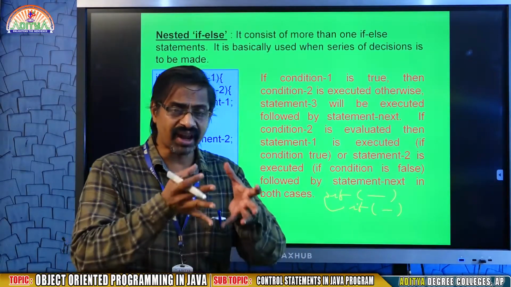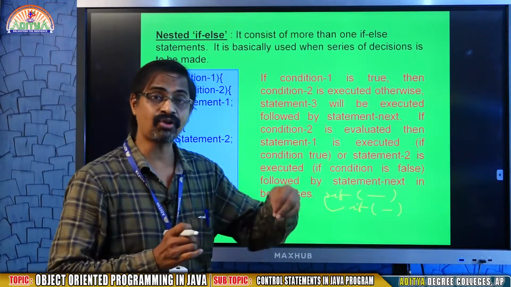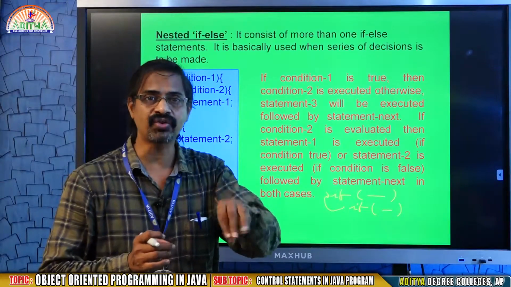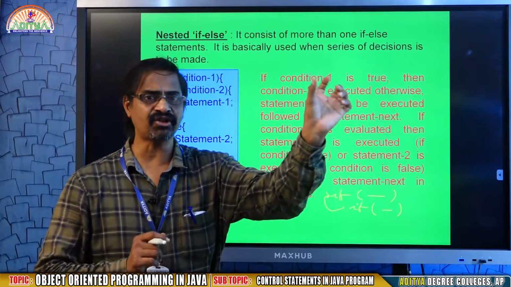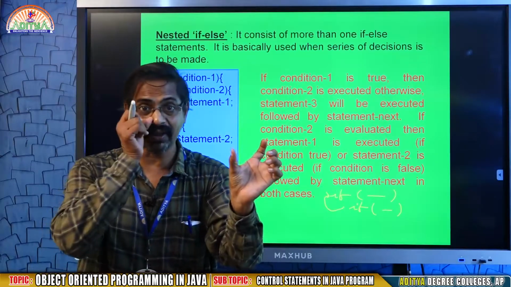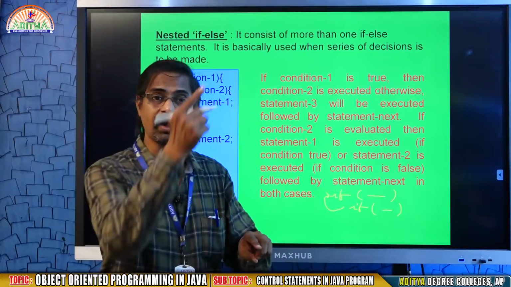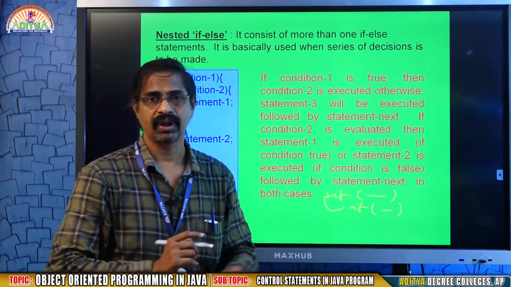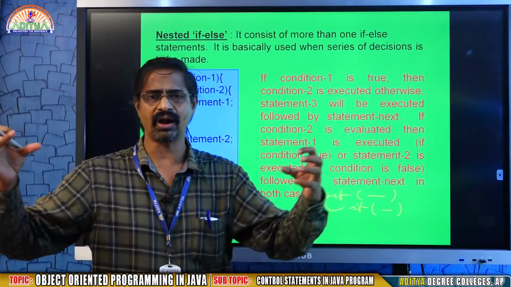Of course, when a situation requires, we have to use the nested if in some situations. Assume if the condition is true, again I want to test another condition. Of course, you may write the other condition in the first if statement: if A greater than B and A greater than C and A greater than D, you may write logical AND.